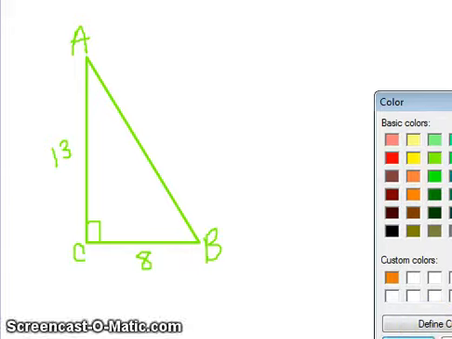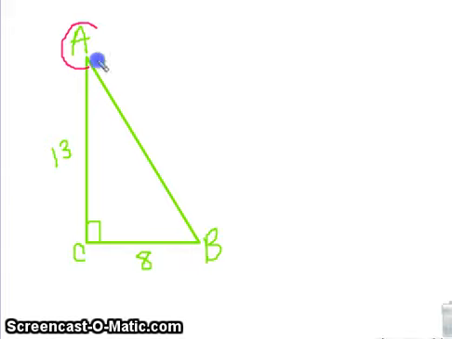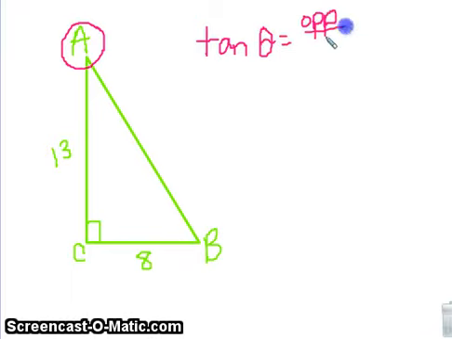If I want to find angle A, what is the relationship between the 8 and angle A? And what's the relationship between A and 13? So this is going to be which one of our trig functions? Tangent of any angle is equal to opposite over adjacent. So tangent of A is equal to 8 over 13.